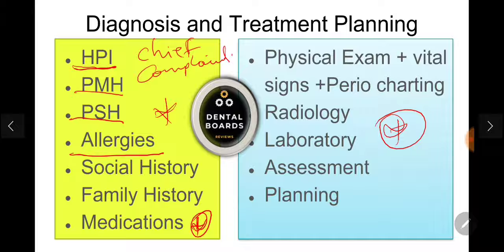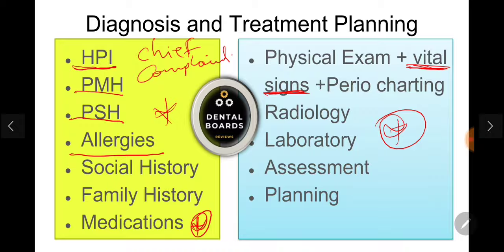Physical examination. Now, in the physical examination, make sure that you obtain vital signs, all right? Vital signs are important, part of the physical exam. Blood pressure will indicate the overall systemic health of the patient, okay? The temperature, the heart rate, okay?